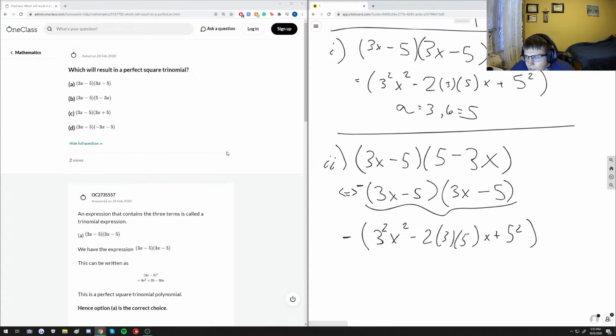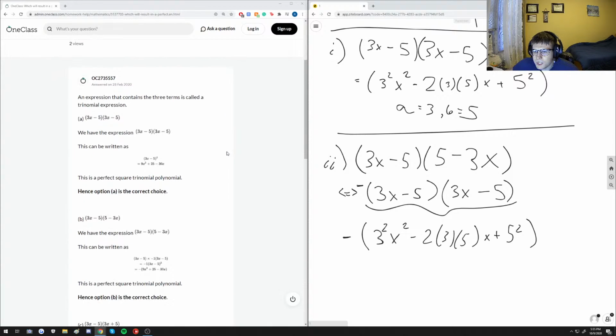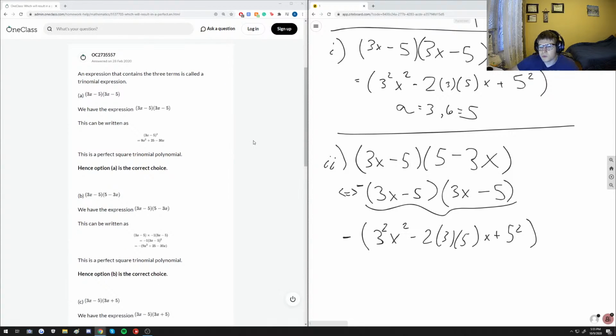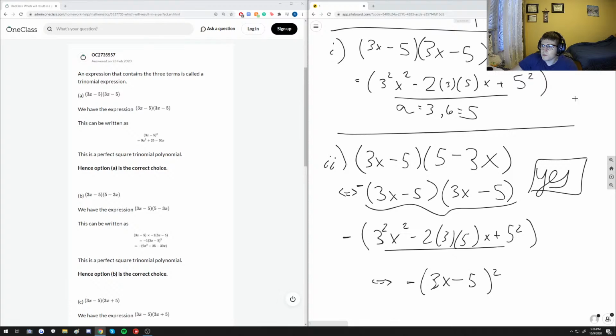And this would also be considered a perfect square trinomial because it can be refactored back into minus 3x minus 5 squared. Because it satisfies the same condition that was met in the last part, yes, this is also a perfect square trinomial.